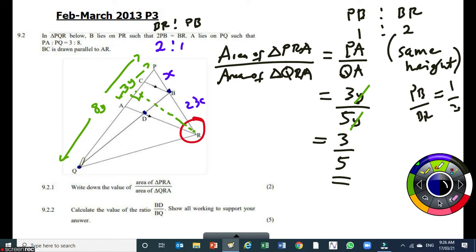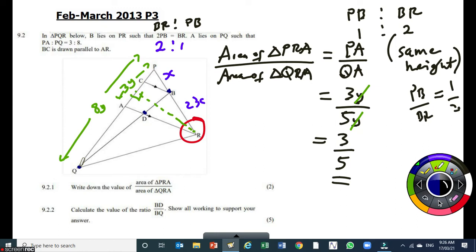So we need that ratio BD over what? BQ. Now the question will be, if you want to calculate the ratio of BD over BQ, this is BQ, that's BD. The question will be, do we know the lengths of BD and BQ?